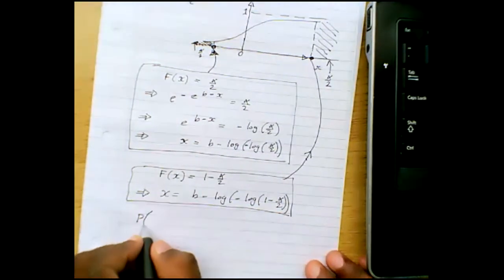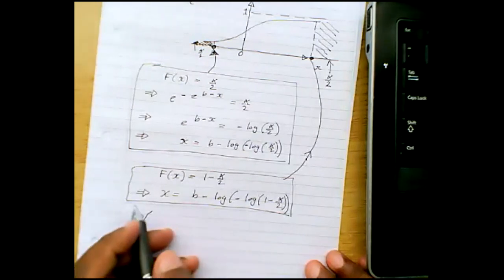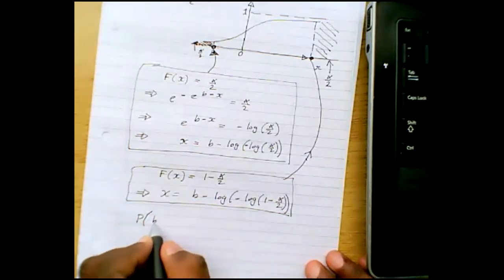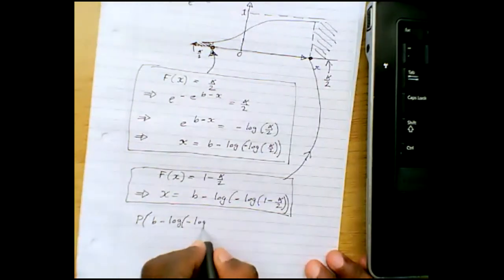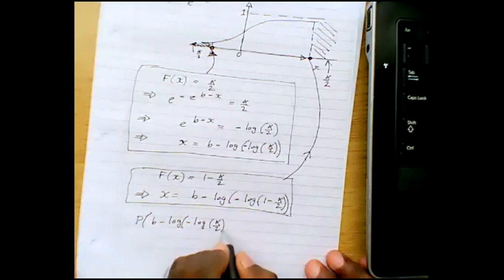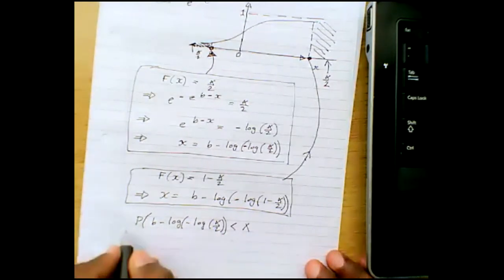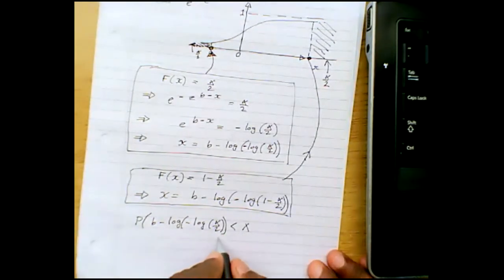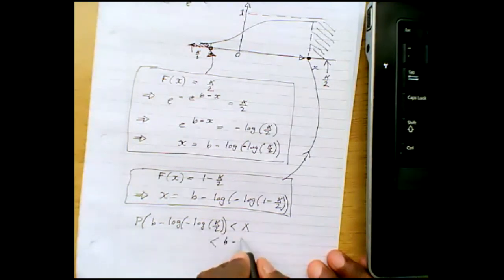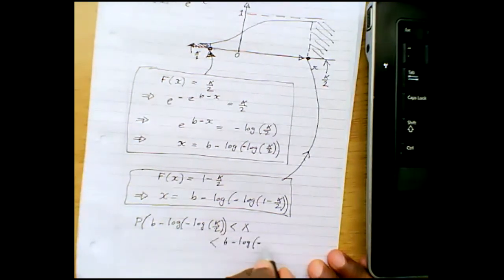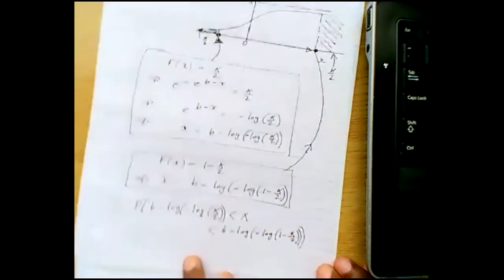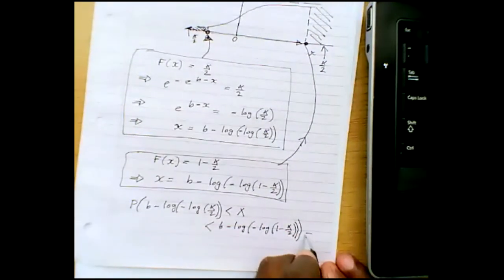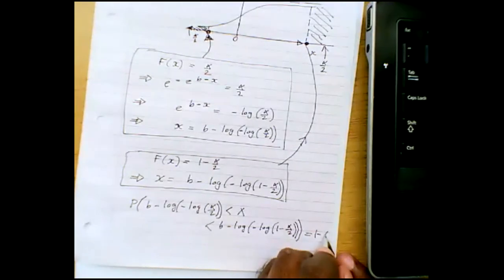So the probability that the variable x lies between this point and this point, right, is equal to 1 minus alpha, right?